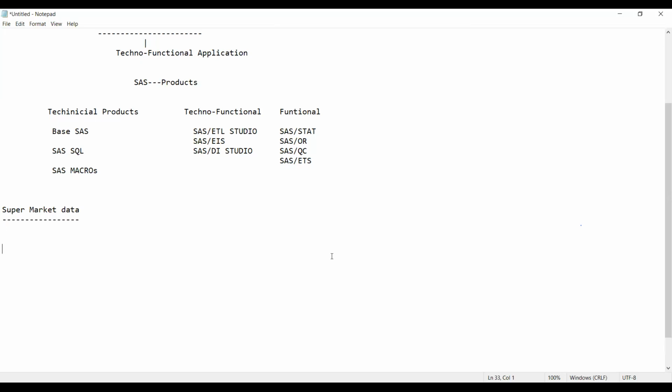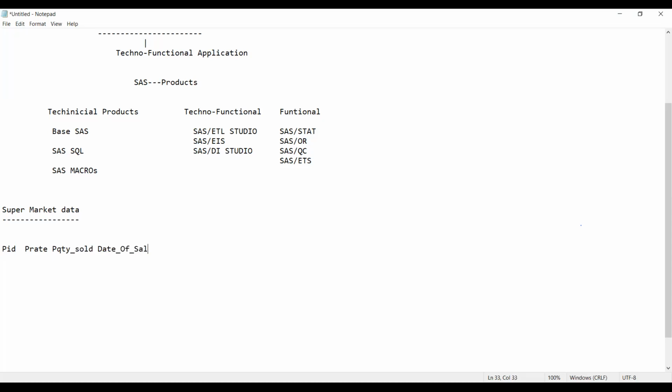So let us say product ID, PID stands for product ID, and then product rate. Then you have product quantity sold, and then date of sales.